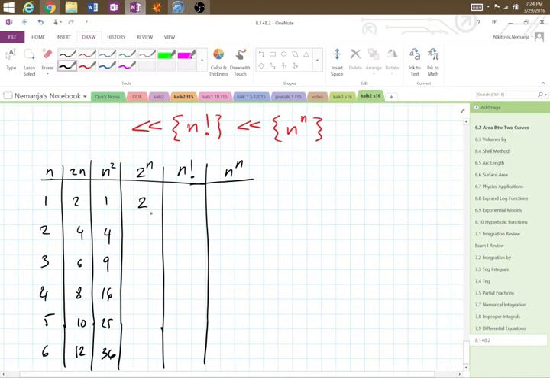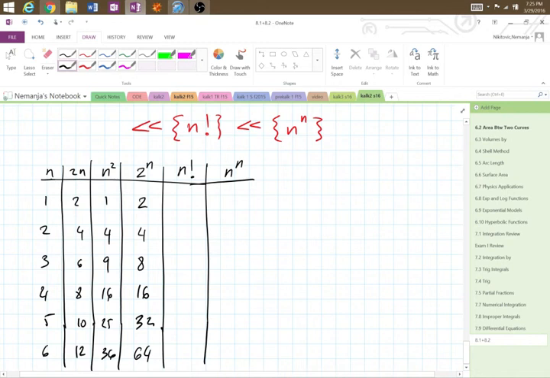And then 2 squared is 4. And then it's 8. And then it's 16. So see, it's kind of losing a little bit, or it's the same as n squared. And then 16, 16. And then finally 32, 64. And then it takes off. And you can see how much 64 is beating 36, and it's beating 12, and it's beating 6. So it's really picking up there and goes on.